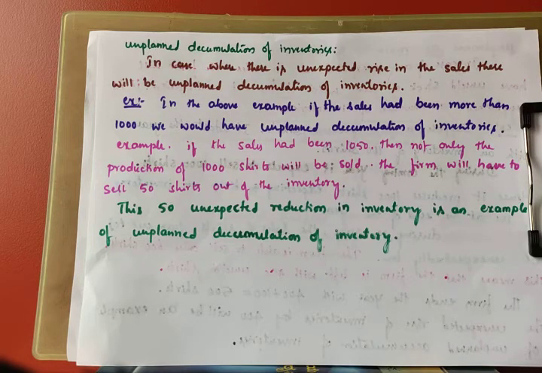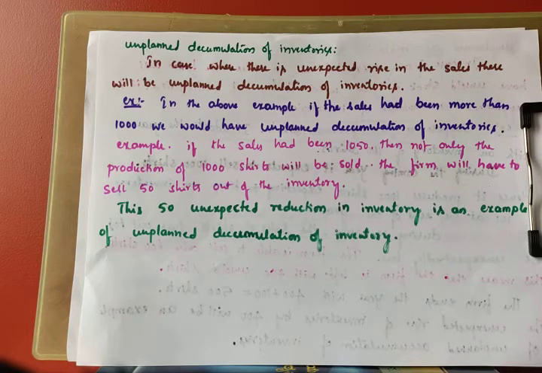Another is unplanned accumulation and unplanned decumulation. Unplanned accumulation means an unexpected fall in sales, and that time the inventories increase. Unplanned decumulation means an unexpected rise in sales, and that time the inventories decrease.